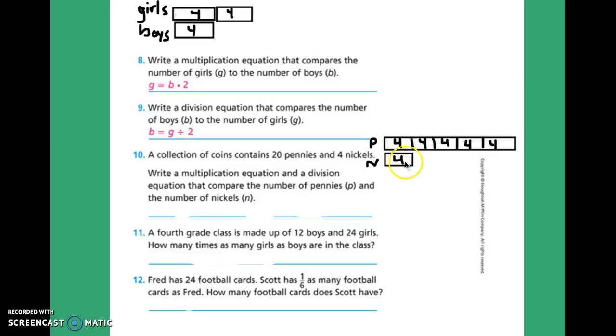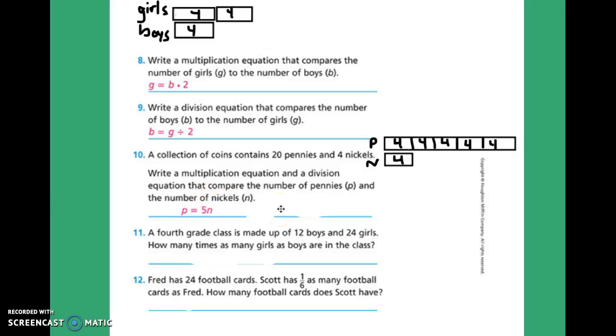So I'm just going to count 1, 2, 3, 4, 5, right? I'm going to have to multiply nickels times 5 to get pennies. So my equation then would be pennies is equal to 5 times the nickels. Again, when they write it like 5n, they really mean 5 times n.